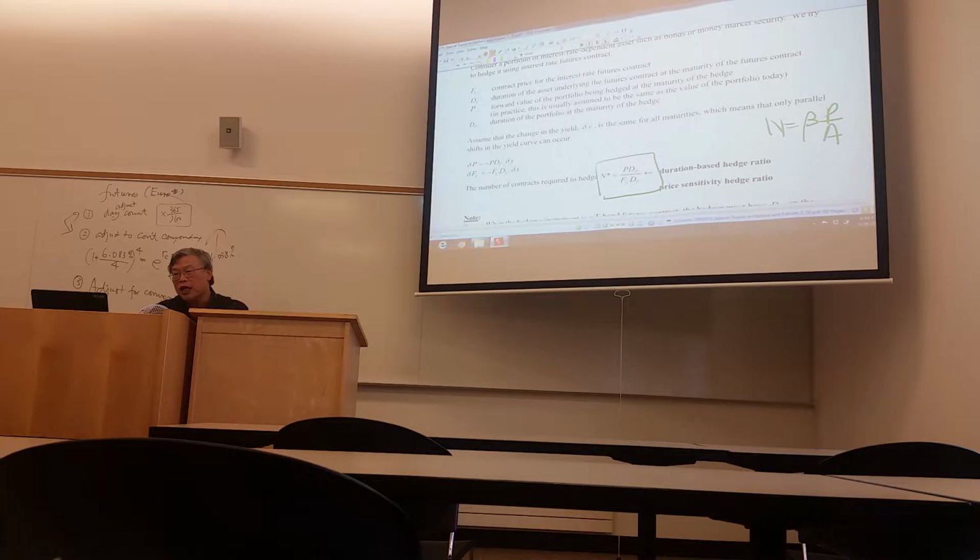First of all, P is the value of the portfolio. However, there is a trick here. This P is supposed to be the forward value of the portfolio being hedged at the maturity of the hedge. What does it mean? Suppose I worry that interest rate will go up in the next 3 months.